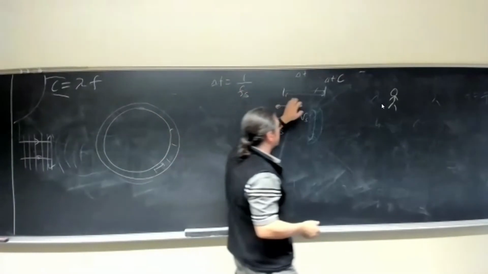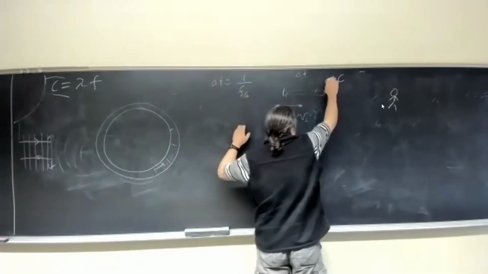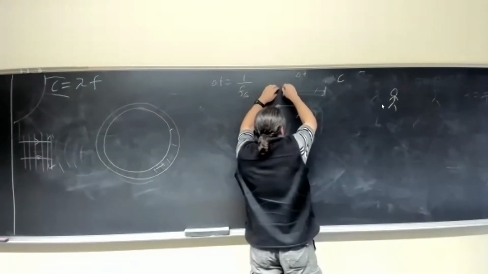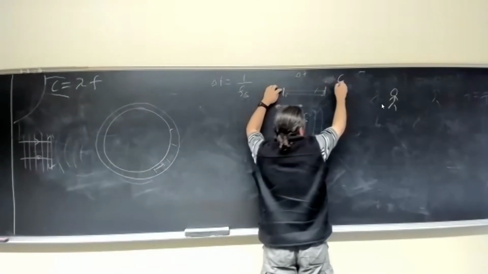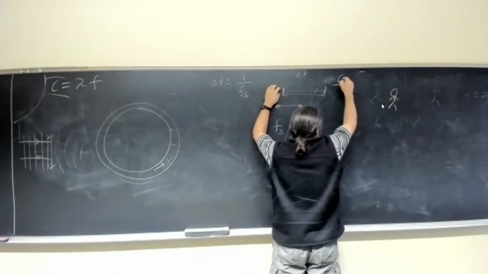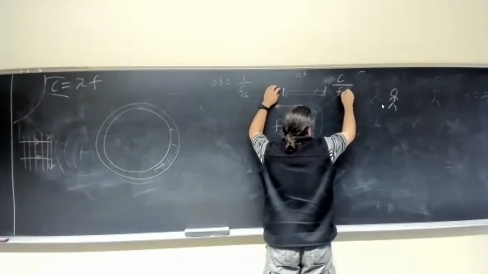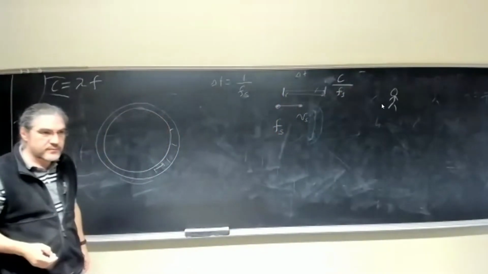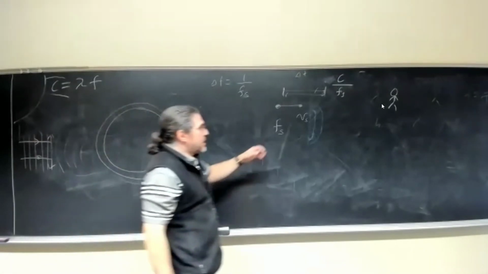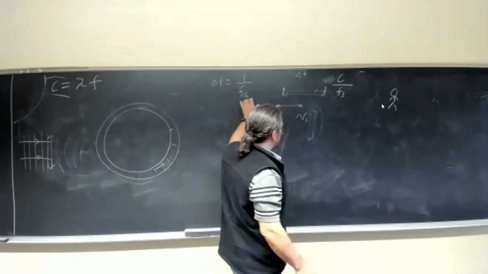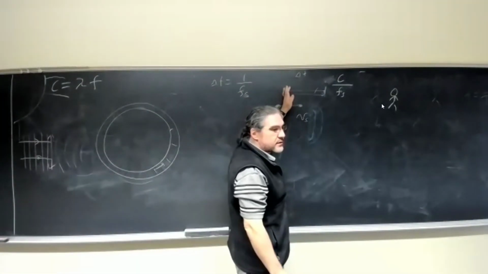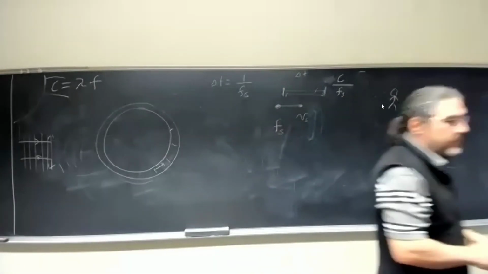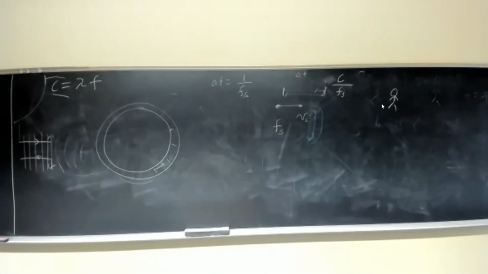So after that time, the wavefront propagated from this point to this point by distance c divided by f source. Right? So after that time, a new wavefront appears.